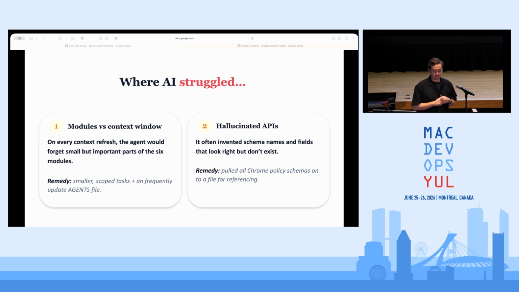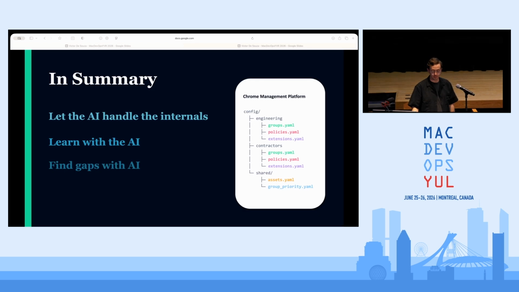What I had to do here was I created a script to have it pull down all of the Chrome policy schemas and all the values for the APIs, and I had it use that to check against itself when writing configurations. And as an extension of that, that then becomes a CI job in itself. So now when we push, we are also checking against the schema that Google has on their end.